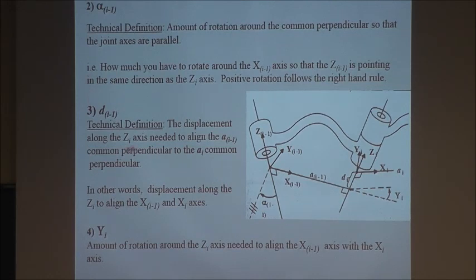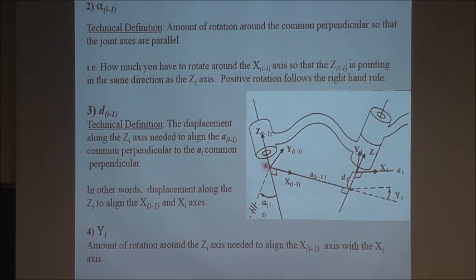So once again, the distance along the z_i axis needed to align a_{i-1} with a_i, the common perpendicular between i and i plus 1, which is outside of the picture. In other words, displacement along z_i to align x_{i-1} and the x_i axis.